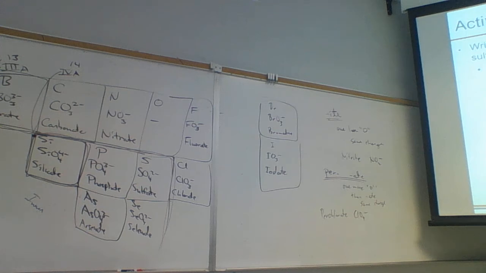We haven't memorized it: NH4 plus. Bromide, Br negative. We put these together, and we have to make sure the charge is balanced by changing the ratio. So ammonium bromide is NH4Br. It's balanced, 1 to 1.